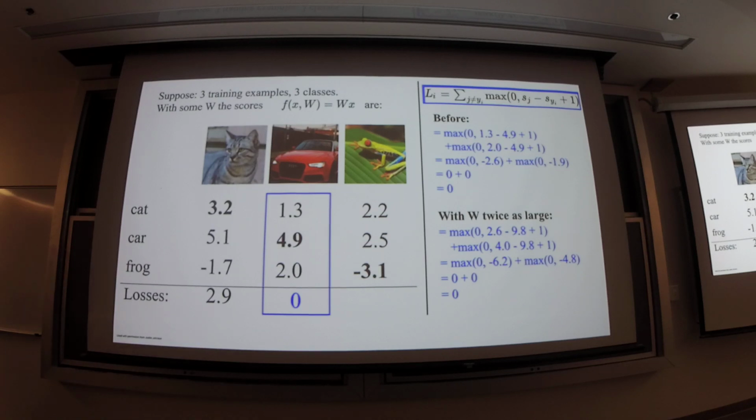So there's all kinds of minima to this loss function. You can think about this in the following way. We're going to start talking about optimization, I promise. But you basically have some sort of loss surface.